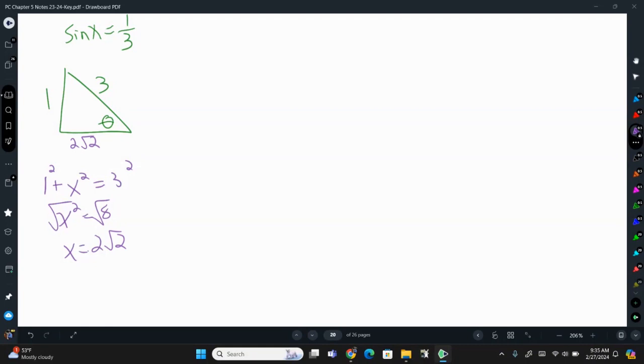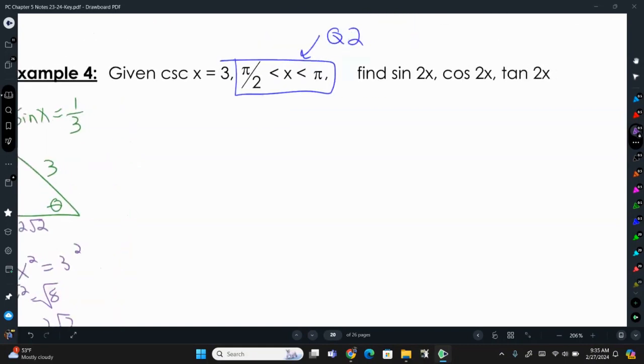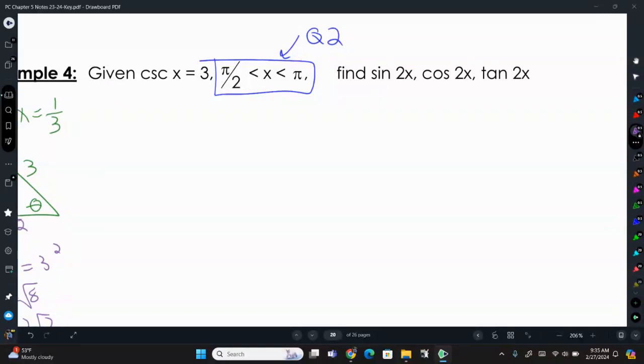So now we have all three of our sides, and looking at my formulas, I need the sine and cosine and tangent to figure these out. So I'm just going to identify those up top here. The sine of x is equal to 1/3. The cosine of x is going to be negative 2 times the square root of 2 over 3, negative because we are in quadrant 2.